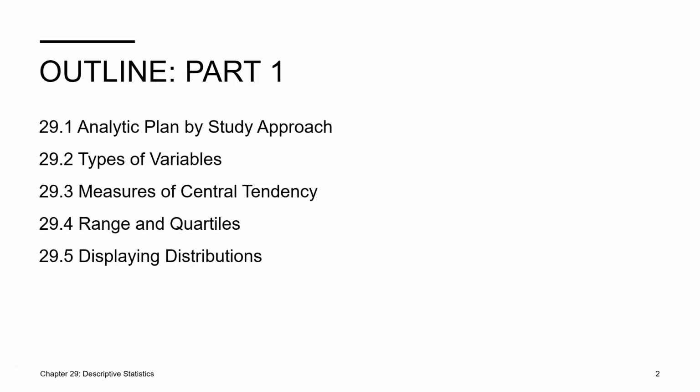Here's an outline of the chapter. Section 29.1 covers analytic plans by study approach. Section 29.2 covers different types of variables. Section 29.3 goes over measures of central tendency. Section 29.4 covers ranges and quartiles. Section 29.5 goes over displaying distributions.